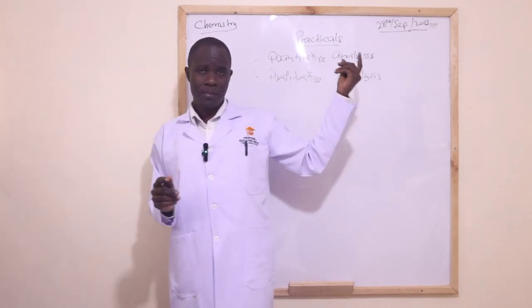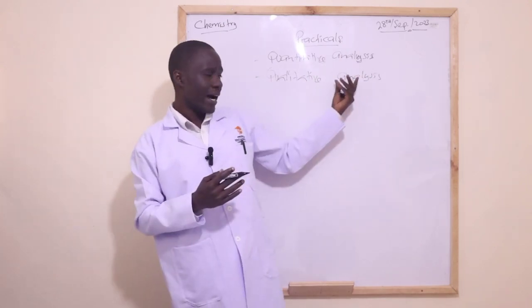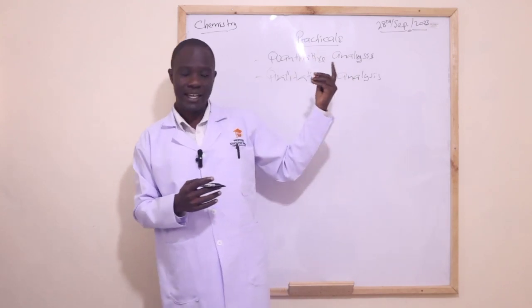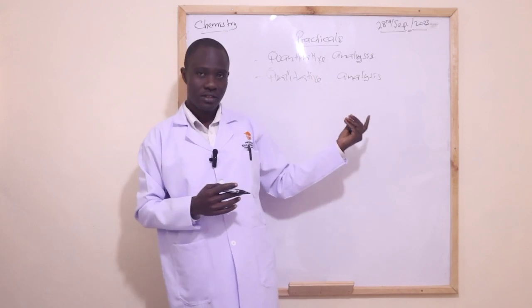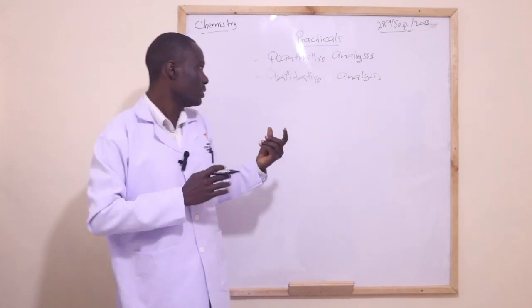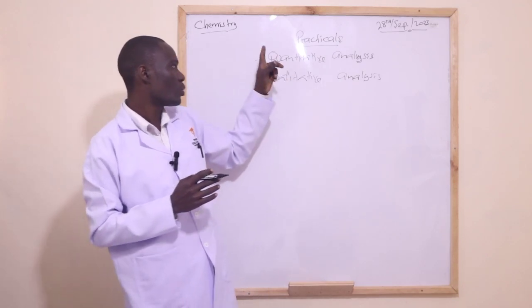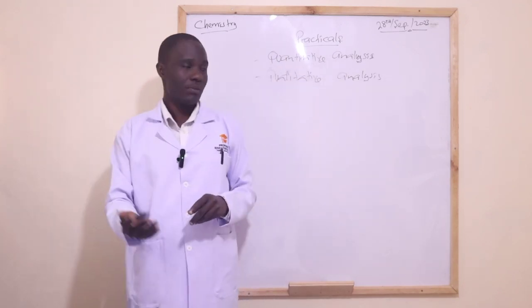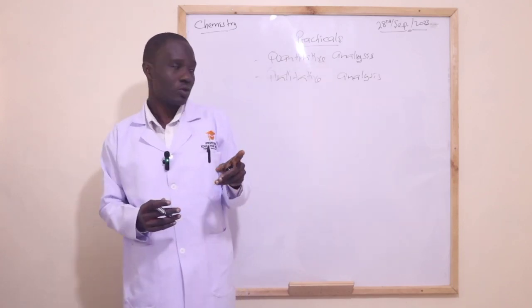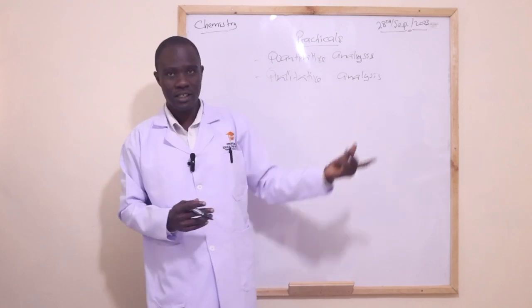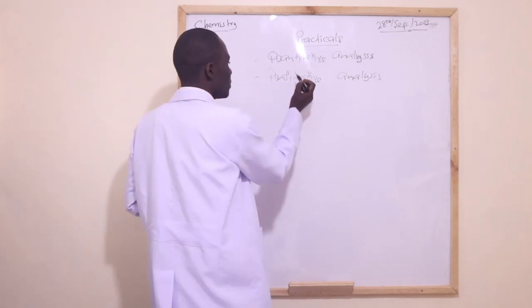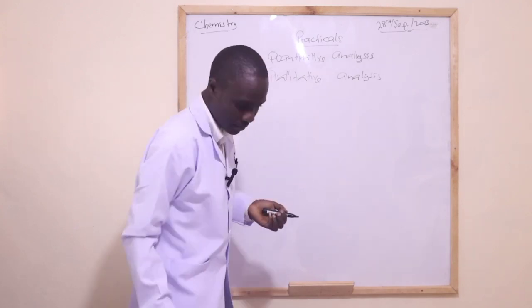This involves the test of ions, both the cations, the anions, and also the gases. But for today, we shall embark on quantitative analysis. As I mentioned before, quantitative analysis is also referred to as volumetric analysis, and it is about titration. So we shall deal with titration.